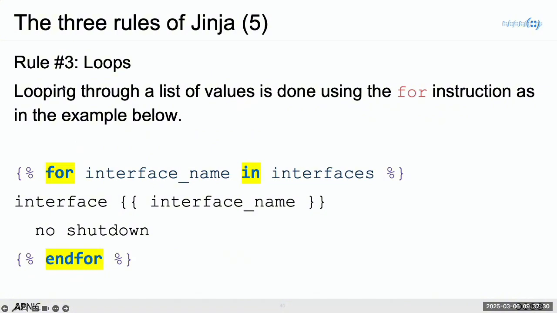So how can we use loops in this case? We can use the for instruction for the loop, like we can have a bracket and percent sign and for, and then the variable, and then the array we are looking into, and then we can loop through it.